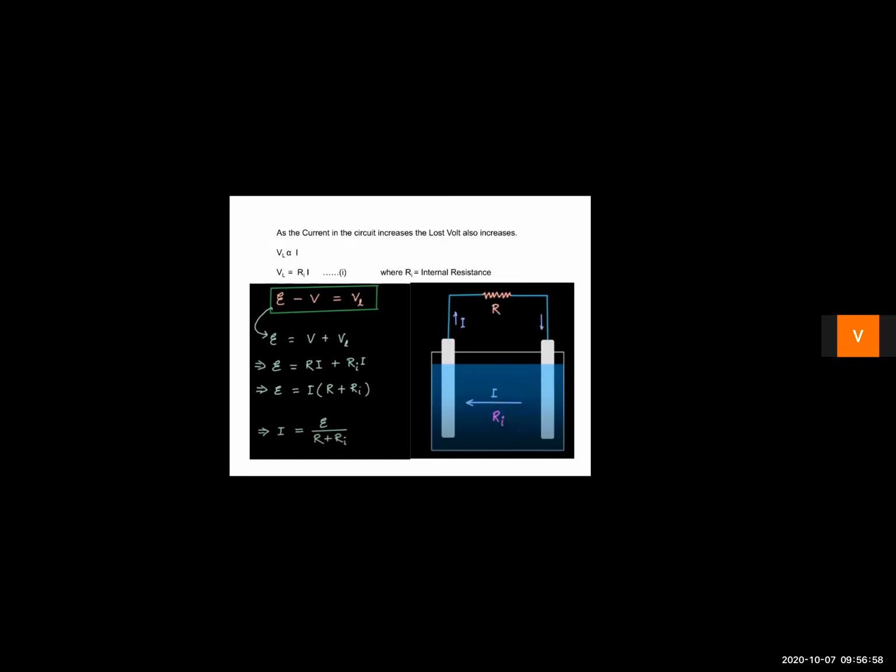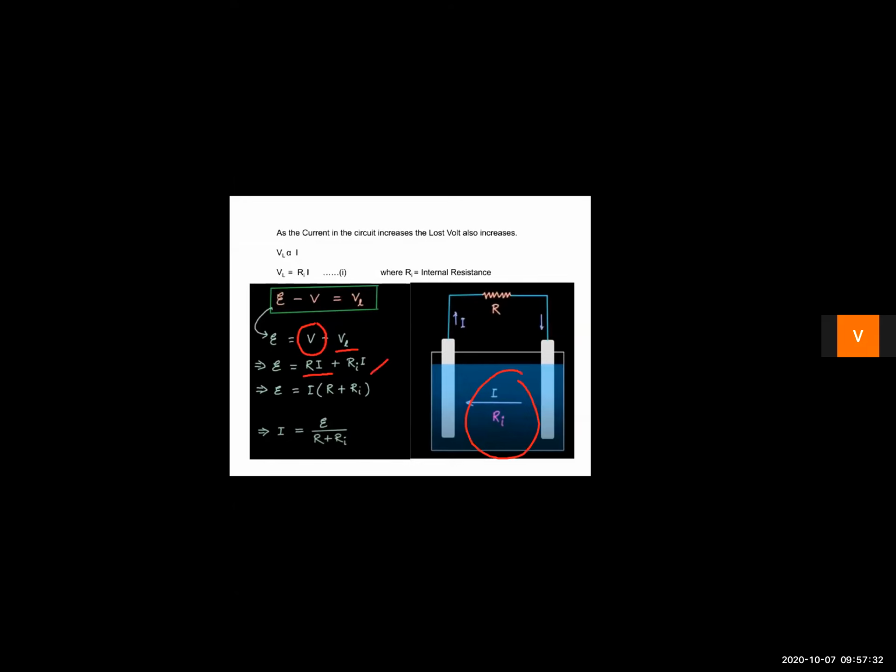Now as we know that the current I is going to flow, right? So the current I flows through the external resistance R and the same current I is going to flow through the internal resistance Ri. So can we write according to Ohm's law, instead of V, we can write IR, and instead of VL, that is your lost potential, we can write IRi, right?